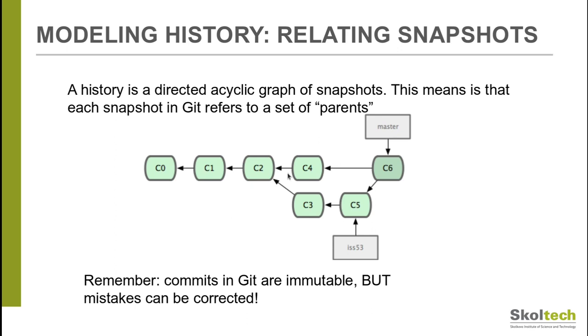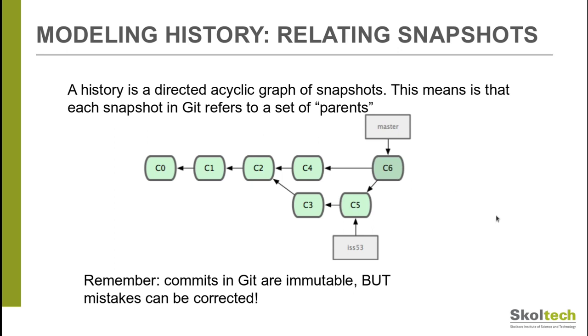After the third commit, C2, the history branches in two separate branches. This might correspond to, for example, two separate features being developed in parallel, independently from each other. In the future, these branches will be merged to create a new snapshot that incorporates both of the features, with the newly created merge commit shown here as C6.